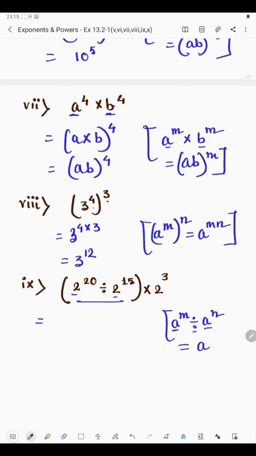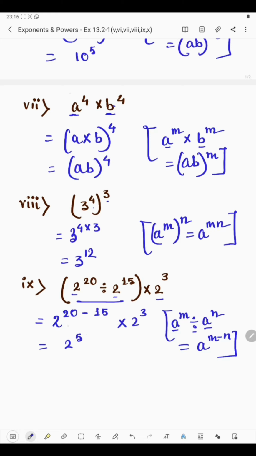So we'll write the base and then we'll subtract the powers. So it will be m minus n, okay? So here 2 raised to the power 20 minus 15, and then we will write 2 raised to the power 3. Now 20 minus 15 is 5.